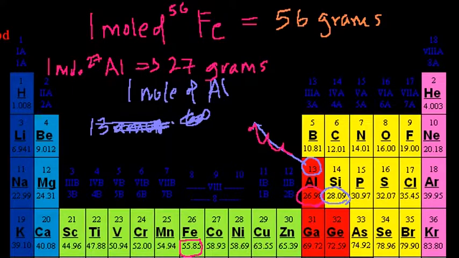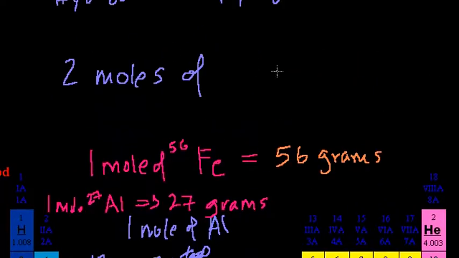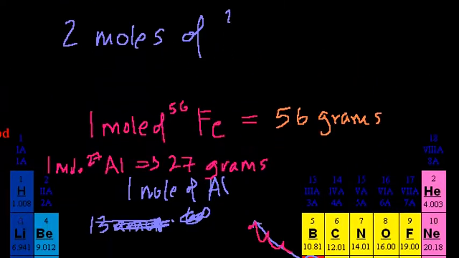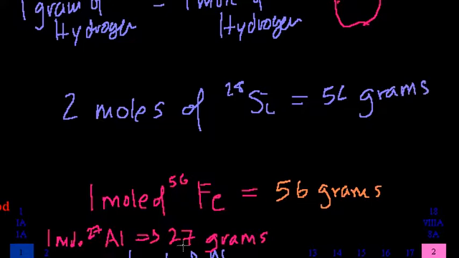What about 2 moles of silicon? 2 moles of silicon, and I'll write its mass number. Let's say silicon has a mass number of 28. 2 moles of silicon. Well, 1 mole would have a mass of 28 grams, so 2 moles is going to have a mass of 56 grams.